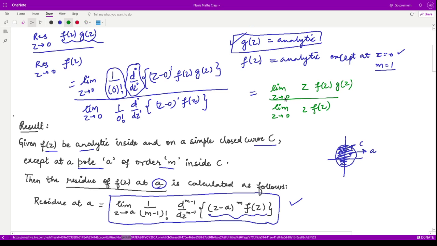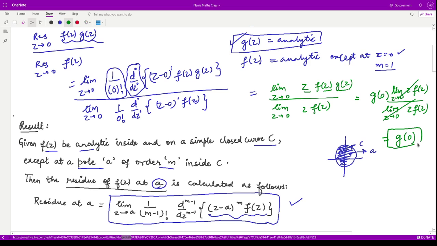Now when you substitute the limits, we know g is analytic, so we can directly substitute the limit. So we'd have g(0), and then we'll be left with limit z goes to 0 of z into f(z), divided by limit z goes to 0 of z into f(z). So now this term cancels with this term, and we are only left with g(0).